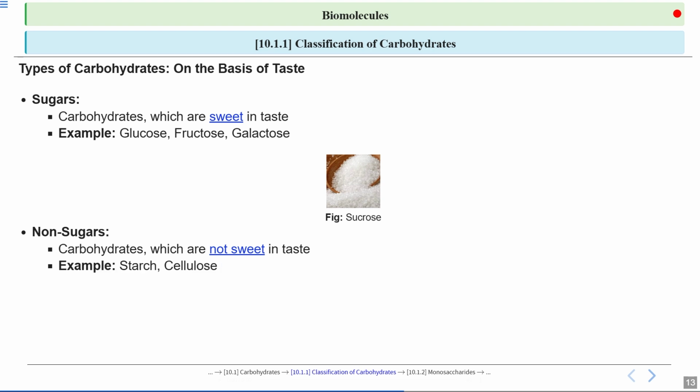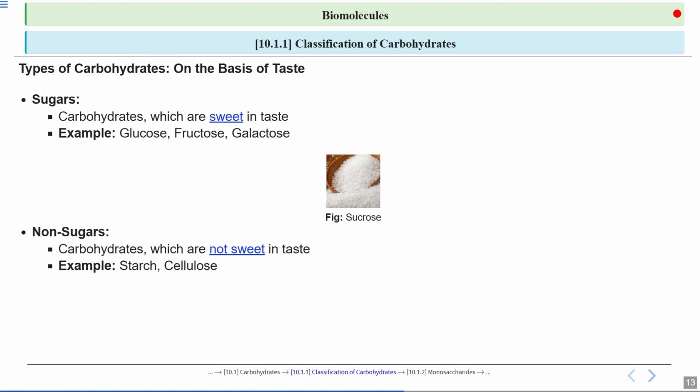Examples of non-sugars include starch and cellulose. Starch is found in foods like potatoes and rice, while cellulose is found in plant cell walls and gives plants their structure. Both are important for energy and structure, but remember, they do not taste sweet.